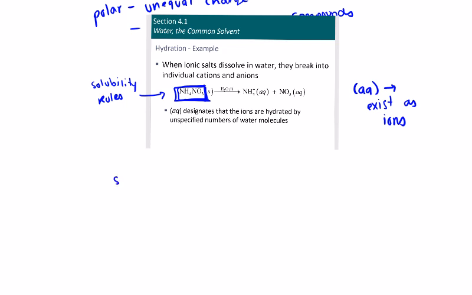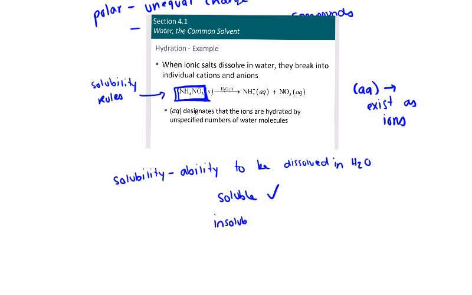Whenever you hear the word solubility, that means the ability to be dissolved in water. If something is soluble, that means it can be dissolved. If something is insoluble, it's not going to dissolve. It's going to stay as a solid.